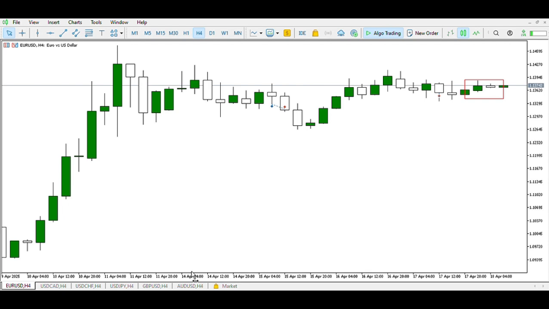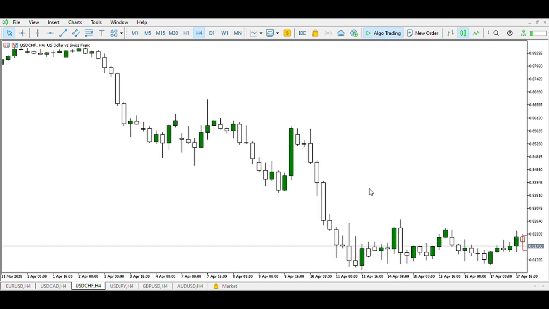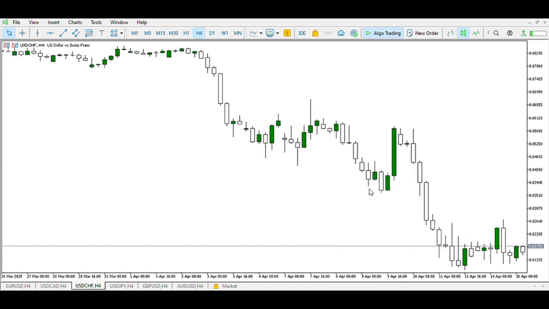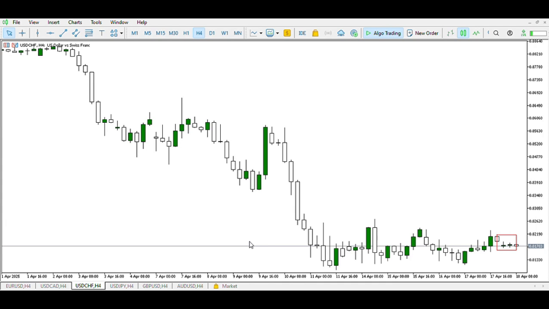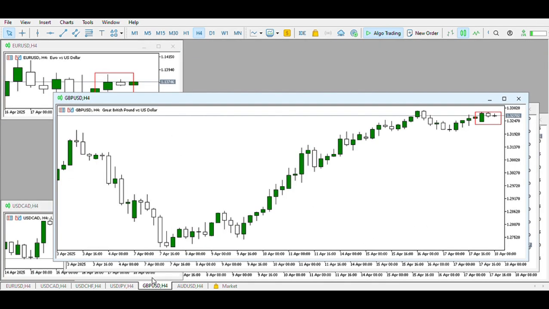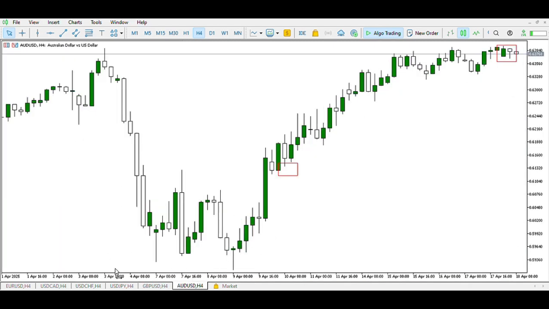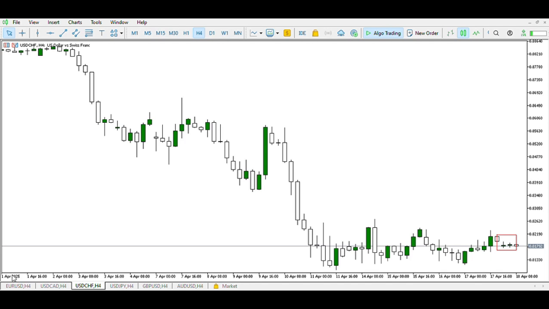So these pairs move very fast, they have tight spreads, and you have lots of opportunities on them. Although aside from the USD CHF, which ranges a lot of the time, it is usually in a lot of accumulation, which I love because I love trading ranging markets. Money is made in the ranging markets because after the range, then you have the trend. So that's why USD CHF is one of my favorite pairs that I look out for.